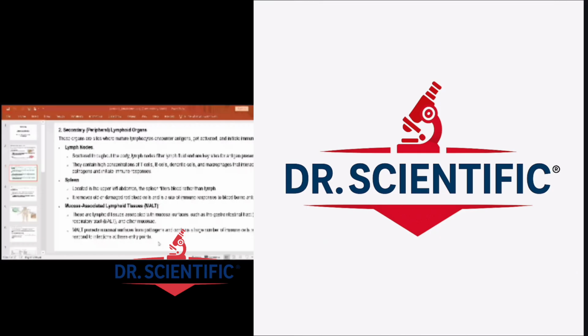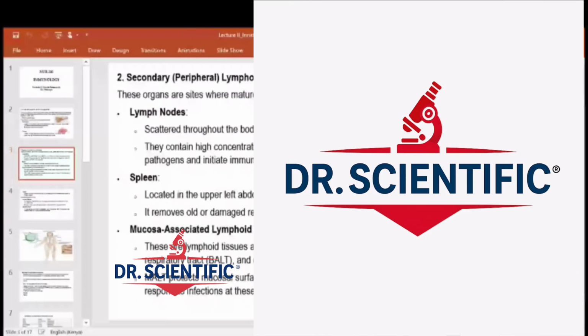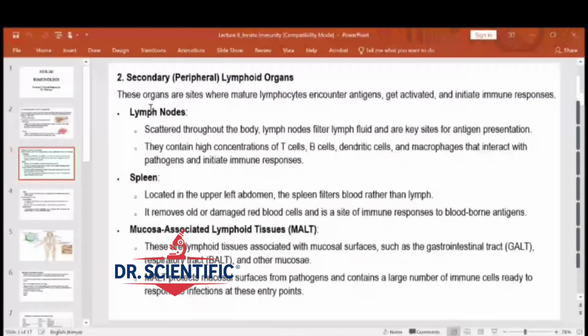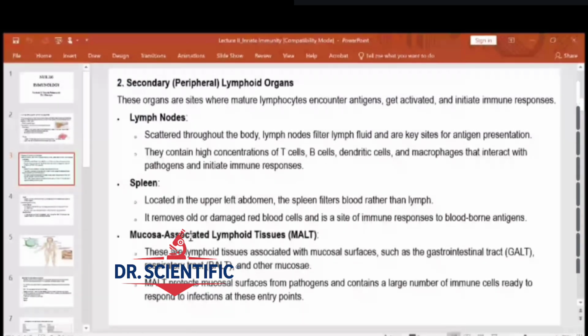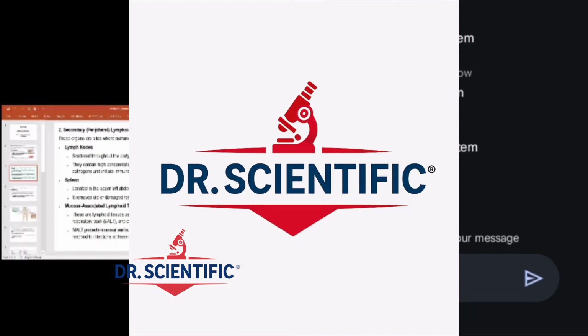Well, the lymphatic system. Yeah, of course, the lymphatic system. That's the only system. Lymphatic system, yes, correct. Which organs can we classify under the lymphatic system? I want to believe the lymph nodes, of course.